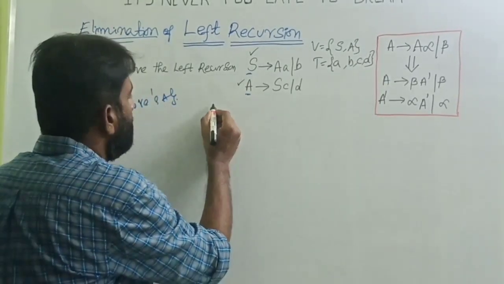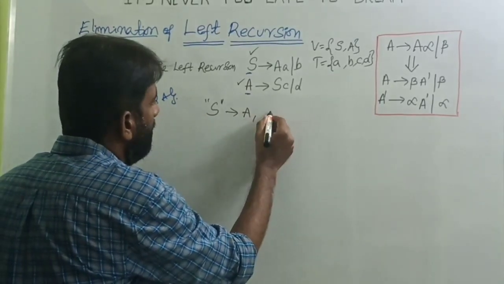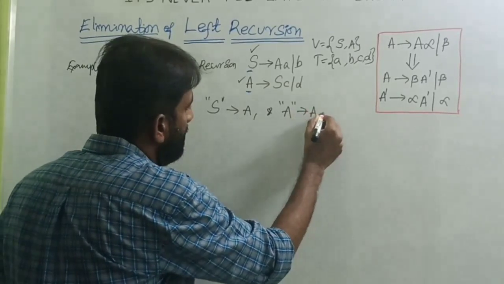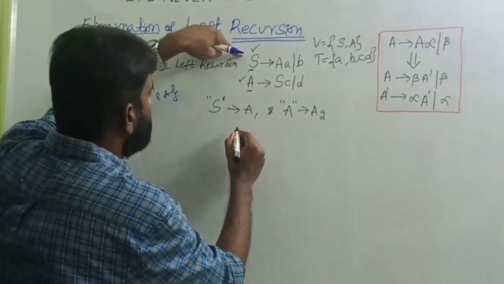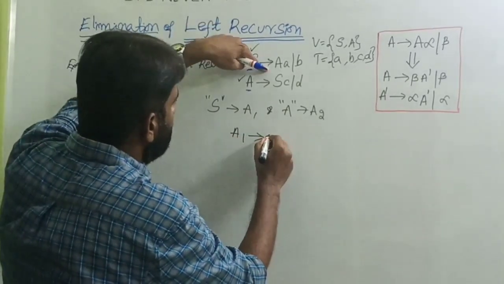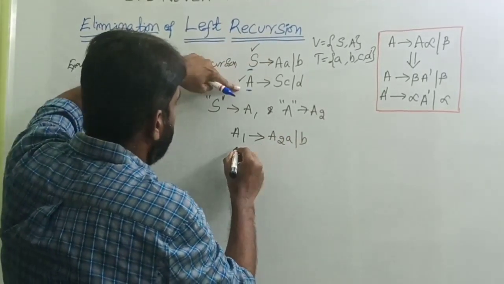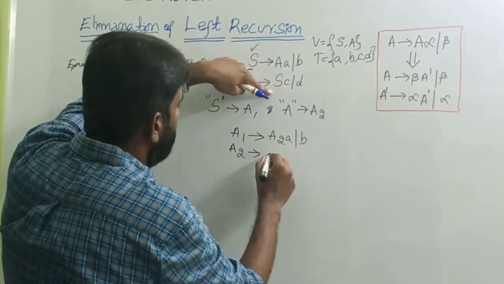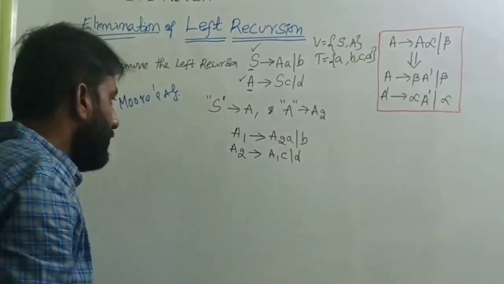S can be named A1 and A can be named A2. Now rewrite these productions. A1 tends to A2 a slash b, then A2 tends to A1 c slash d.